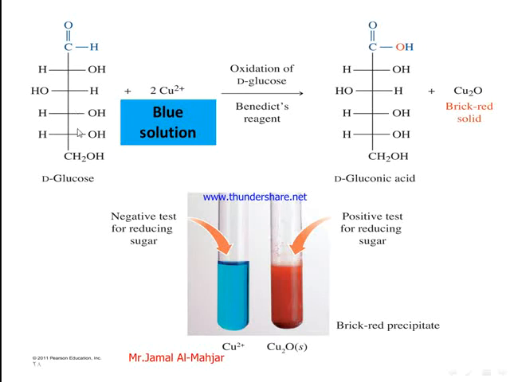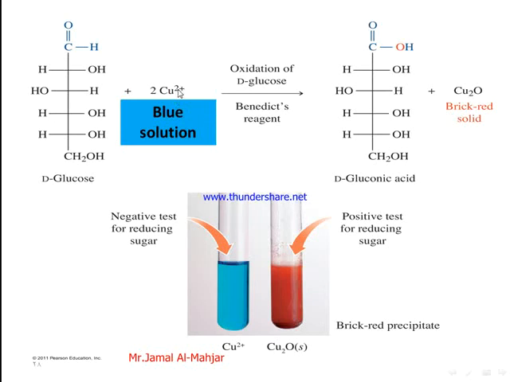Look here, this example for the glucose, it has aldehyde group. This blue solution contains Cu plus 2. This is for the Fehling or Benedict solution. This is the color. Now, this glucose with Fehling solution or Benedict solution is oxidized to gluconic acid. Oxidized means it loses electrons here.